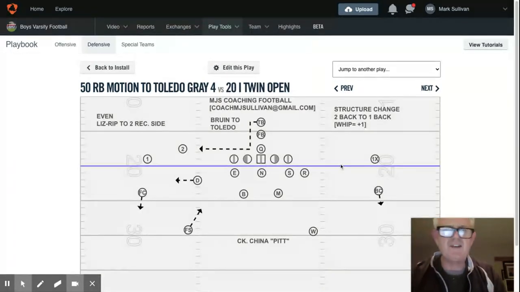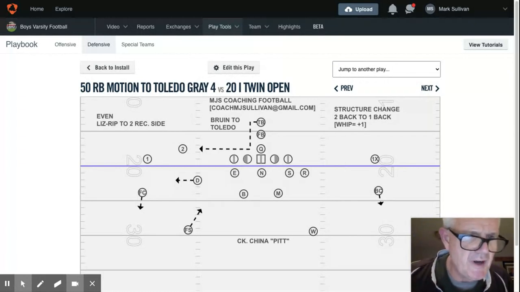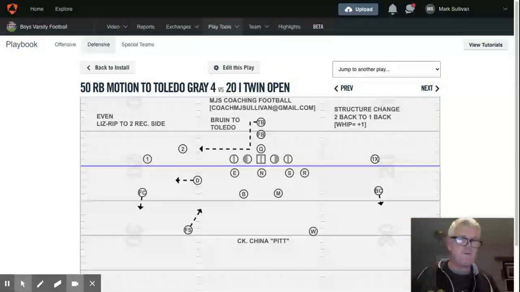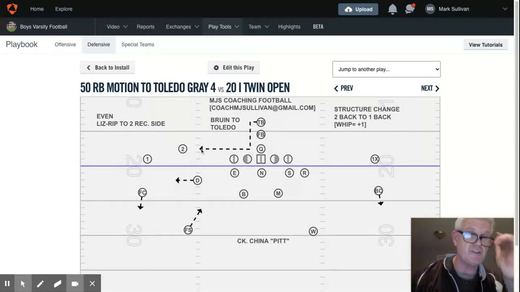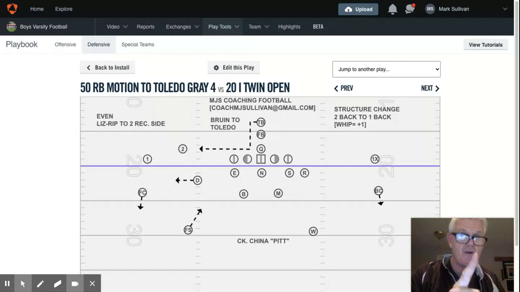Okay, now we're back to it. Same personnel grouping, 20, same formation, but now the running back brewings, back motion to the two receiver side, making it a 3-by-1. So now it is Toledo, which is a 10 formation. Again, it's 20 personnel, 10 formation, trips, but both sides are open.